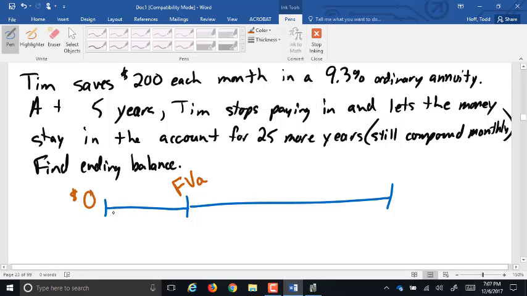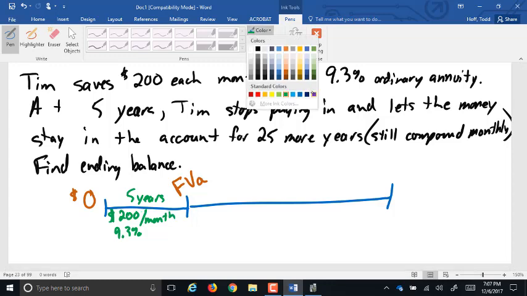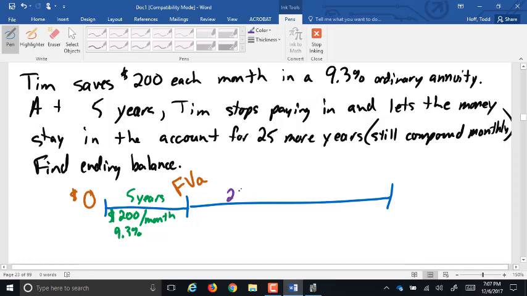During that time, he pays in $200 per month at that 9.3%. That is 5 years. The second period of time is 25 years, still 9.3% monthly, just no contributions put in.